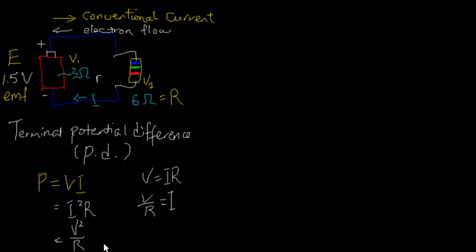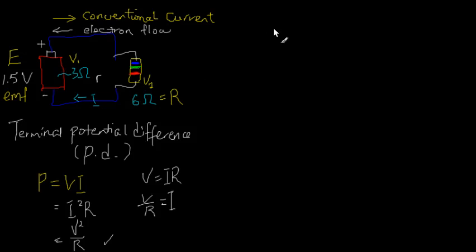Now let's say I use this last formula. Then I must first find the V across this resistor, which is the V2. It's the V2 that I need to find. Now in the previous video, I have shown that the ratio of the voltages V2 to V1, of the external to internal resistance, must be equal to the ratio of the resistances themselves.